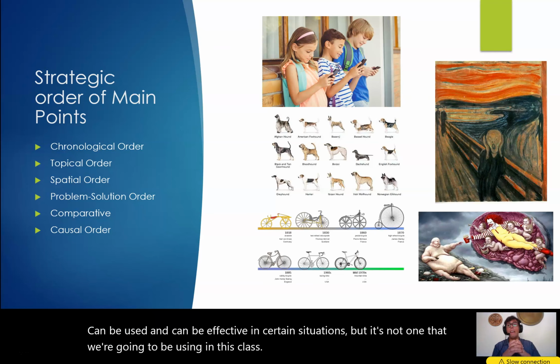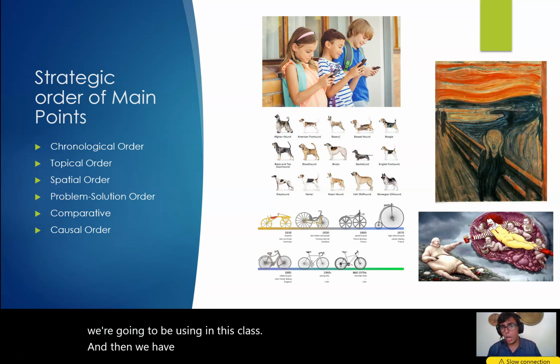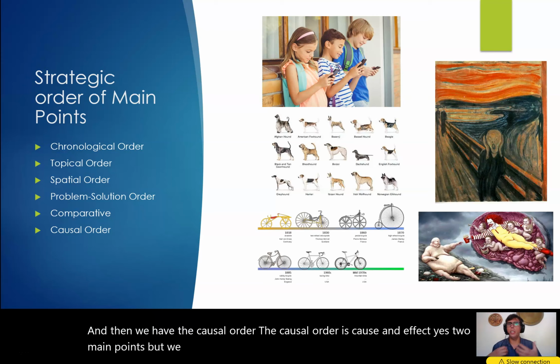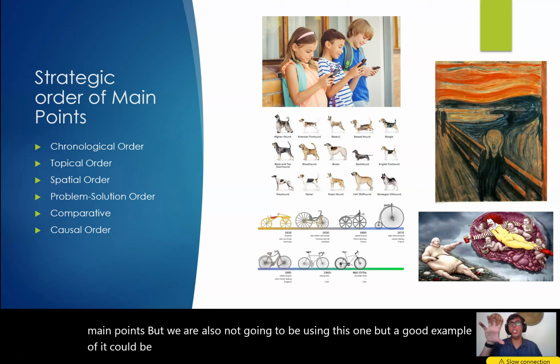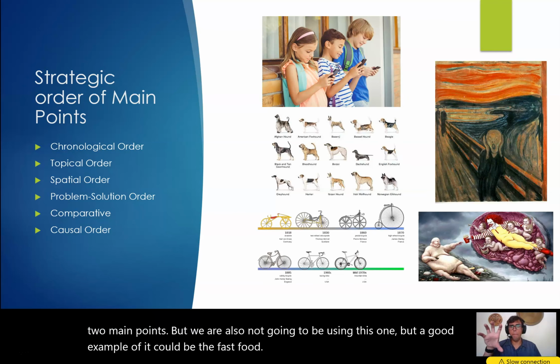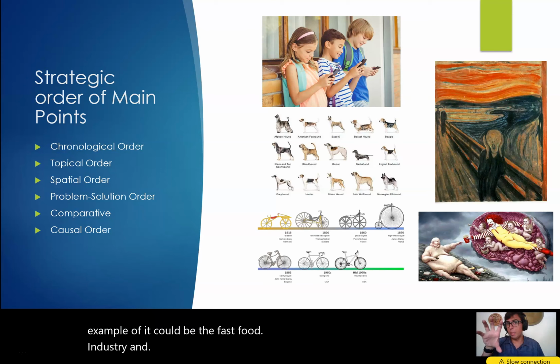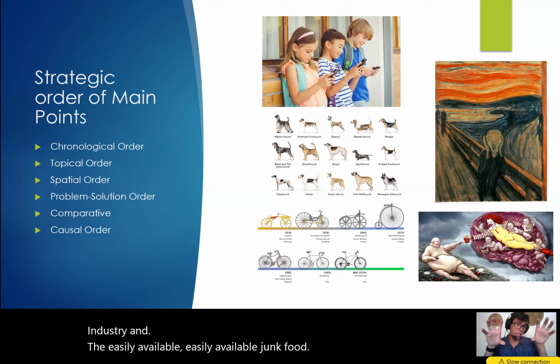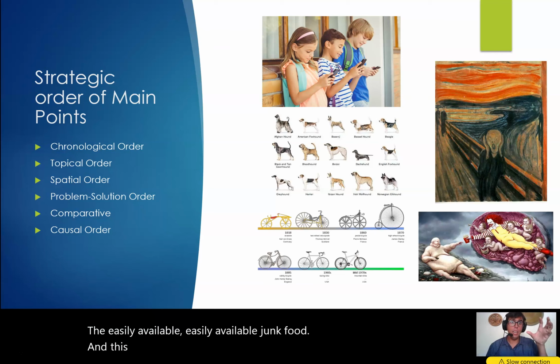And then we have the causal order. The causal order is cause and effect. Yes, two main points, but we are also not going to be using this one. A good example of it could be the fast food industry and the easily available junk food, and the effect would be the obesity epidemic.